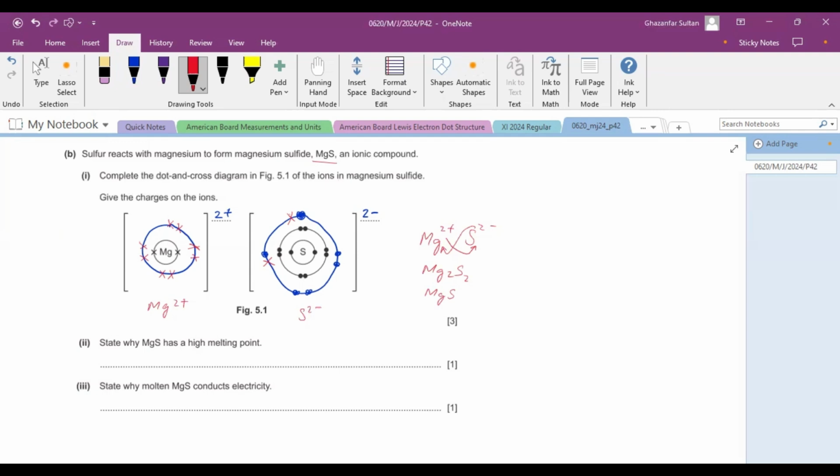You know, as it is an ionic compound, there are strong attractive forces between their ions.